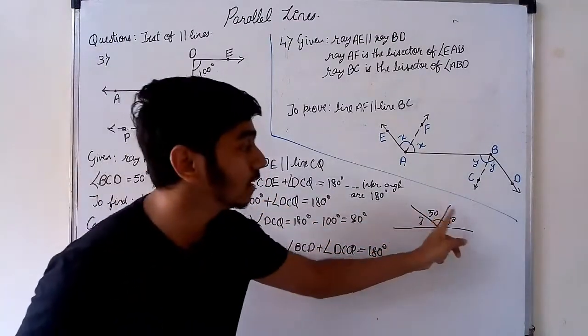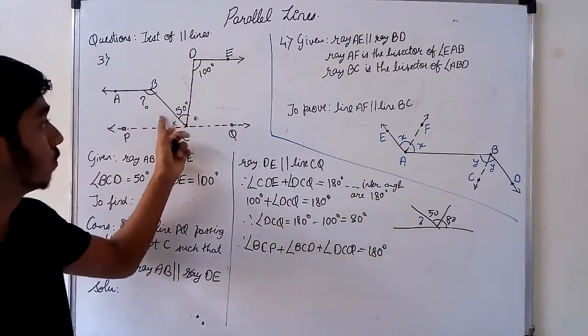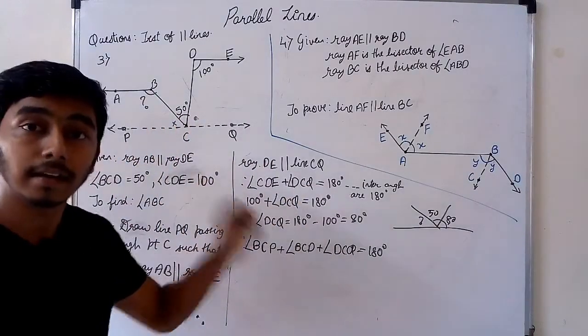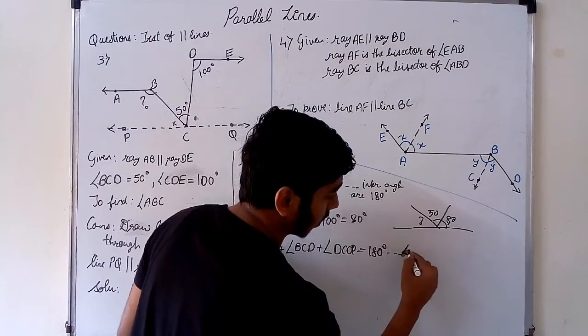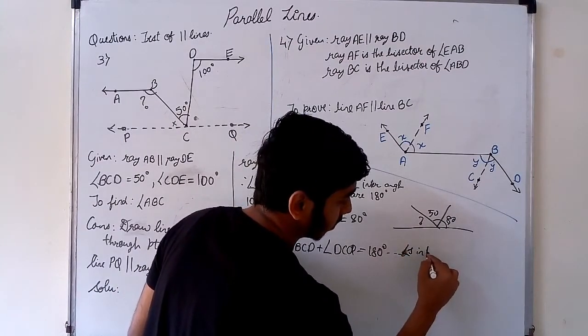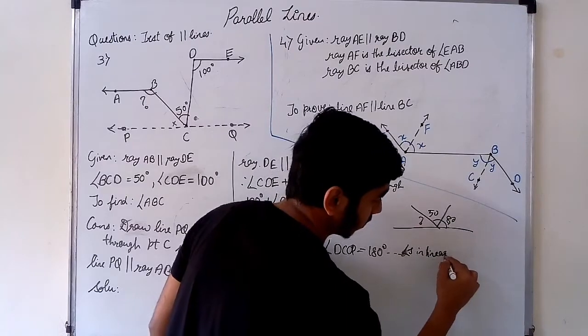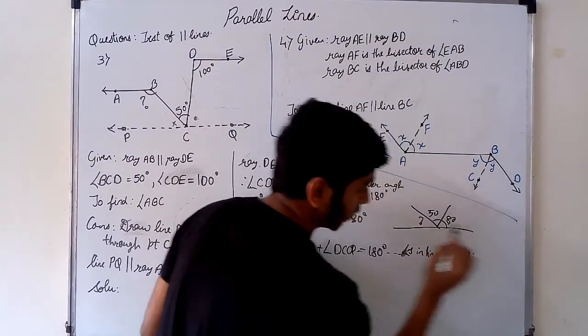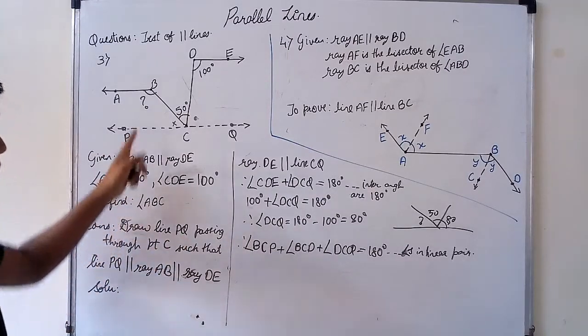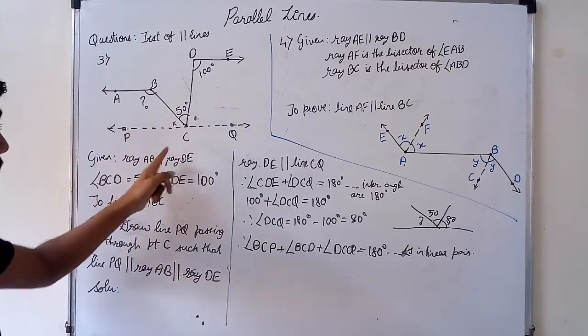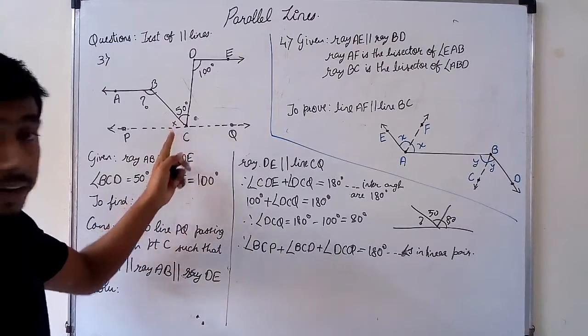Why? Because the three angles are coming in a linear pair. Therefore we'll write the reason: angles in linear pair, correct? Now we have to find BCP.